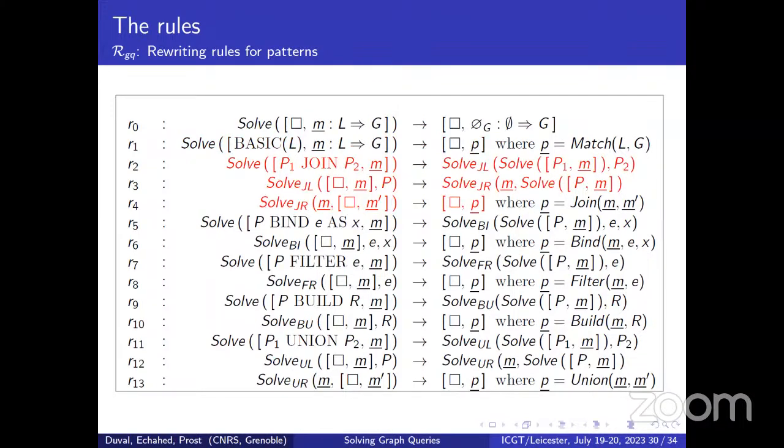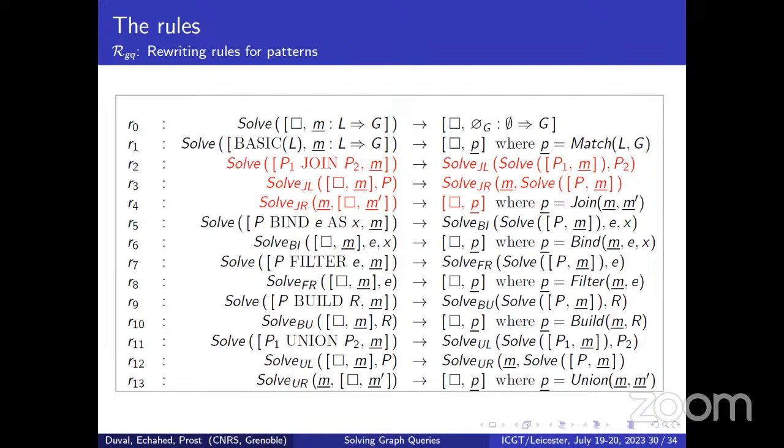For the solve of this pattern, P1 join P2, it happens that join here is not commutative because of the side effects of the bind and the build. So we start with the left pattern.